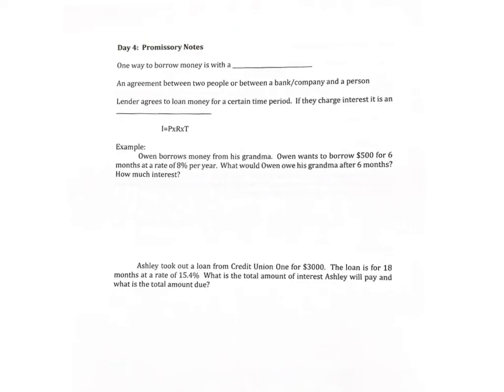Another way to borrow money is with a promissory note. A promissory note is an agreement between two people, or between a bank and a company or a person. The lender agrees to loan money for a certain time period.